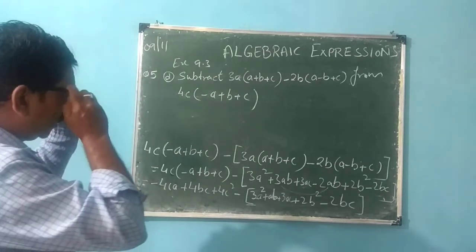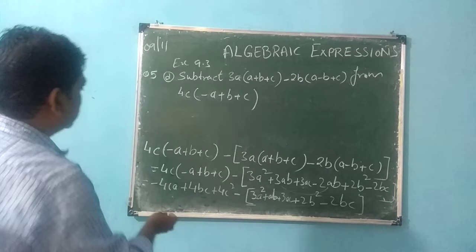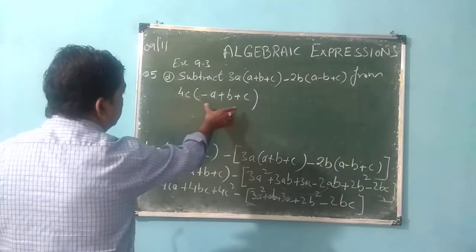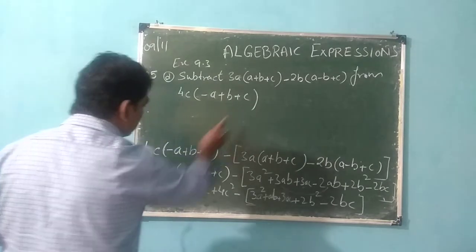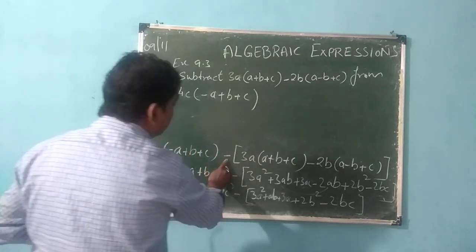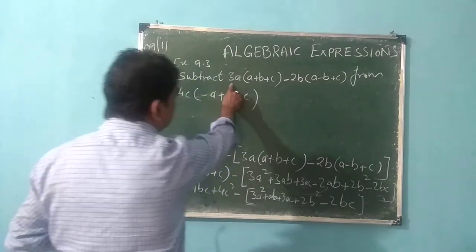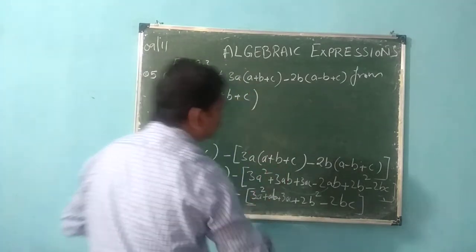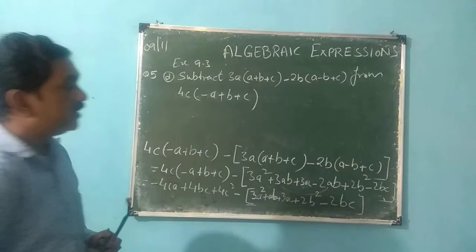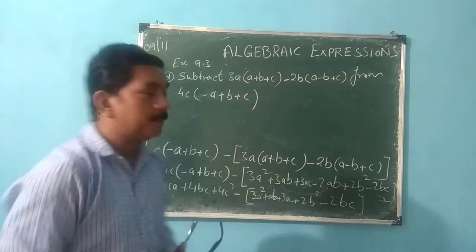Now I have already done this here. See here, this is 4c(-a + b + c), then minus this term: thrice a(a + b + c) minus twice b(a - b + c).